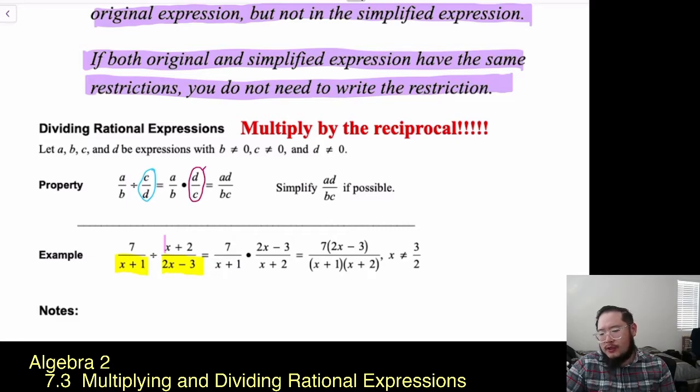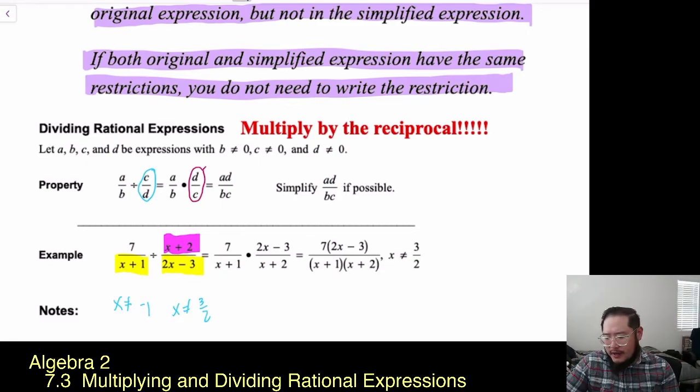So initial restrictions: x cannot equal negative 1, x cannot equal 3 over 2, and that's when you take 2x minus 3, set it equal to 0, and you get 3 over 2.